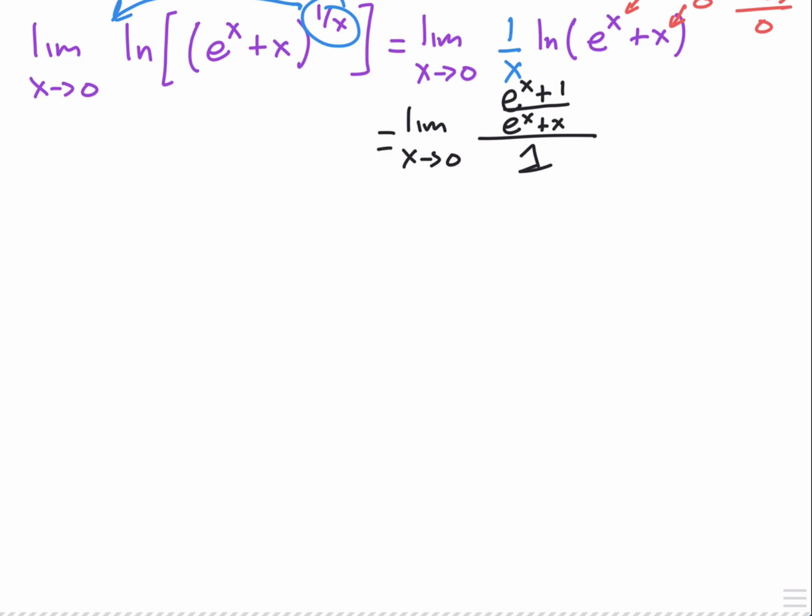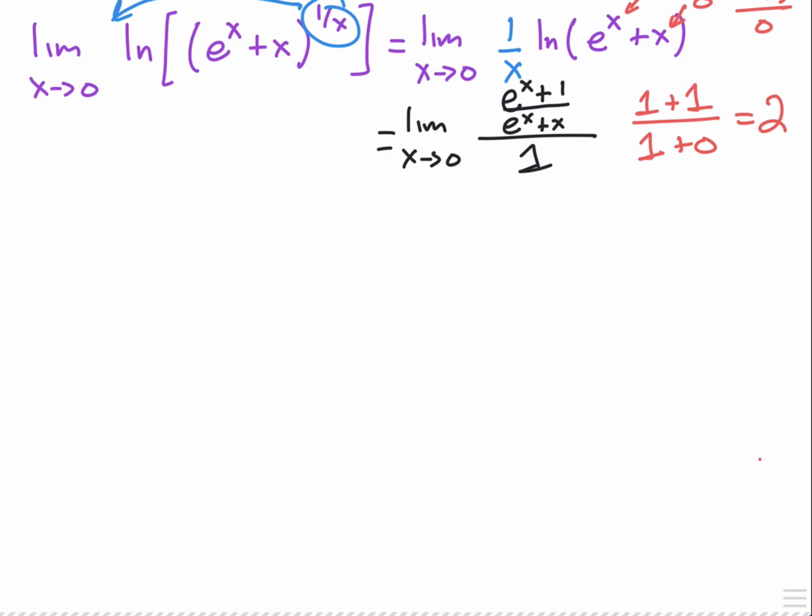When you're doing these, you check, but at the same time, if it was indeterminate to start with, it's going to be indeterminate again, because you haven't changed the function, so you don't lose anything from checking. Okay, so now what? Is it still indeterminate? What is that limit if I plug it in? e to the 0 is 1, plus 1 over 1 plus 0, which is 2.